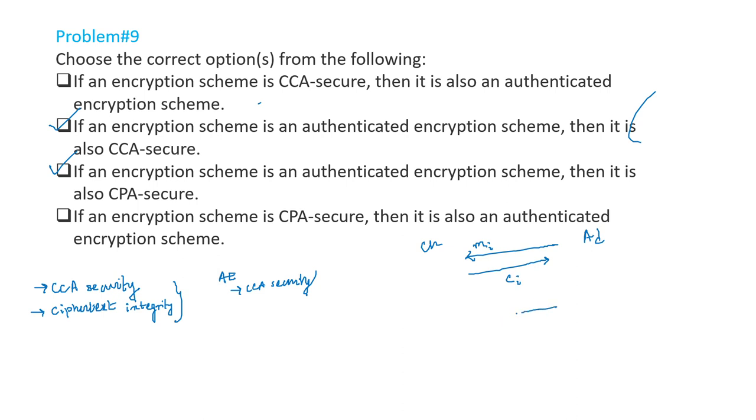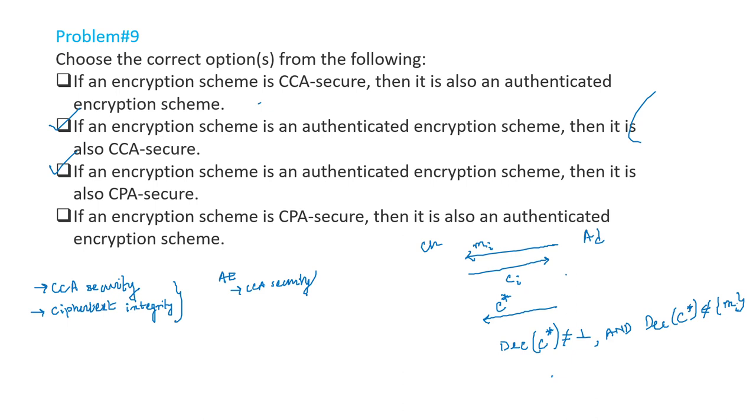Now the adversary's job is to come up with some other valid ciphertext C star such that decryption of C star is not equal to bot. That means C star is a valid ciphertext, and decryption of C star does not belong to the set of messages that was queried by the adversary in the query phase. So the adversary should be able to come up with a valid ciphertext of an unseen message. If it is able to do that, then the ciphertext integrity is broken.